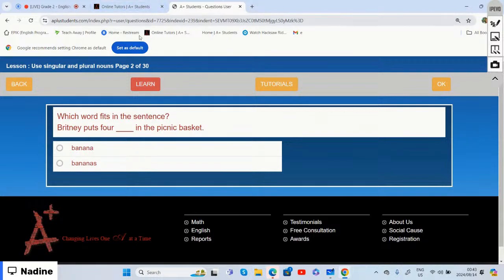Next one says Brittany puts four. Remember, it's more than one. Four banana in his picnic basket? Or do we say Brittany puts four bananas in his picnic basket? Which one is correct?